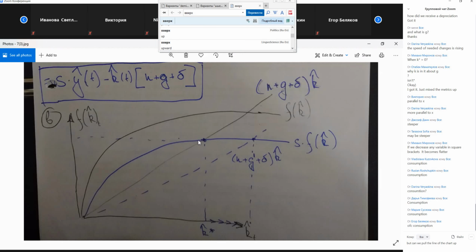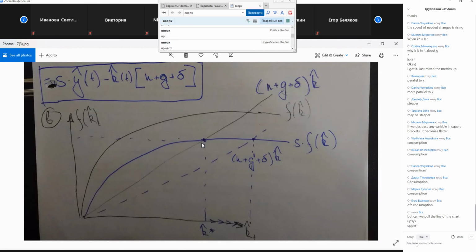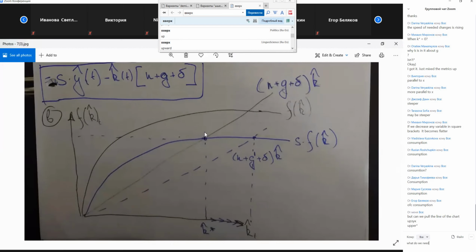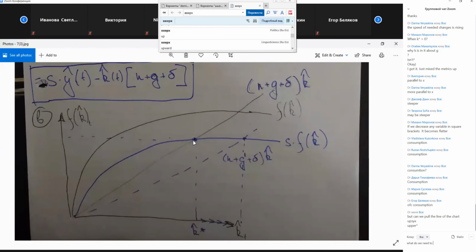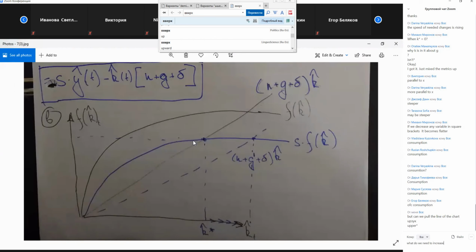And now we know that if our technology growth rate... and of the chart up... you mean this line?